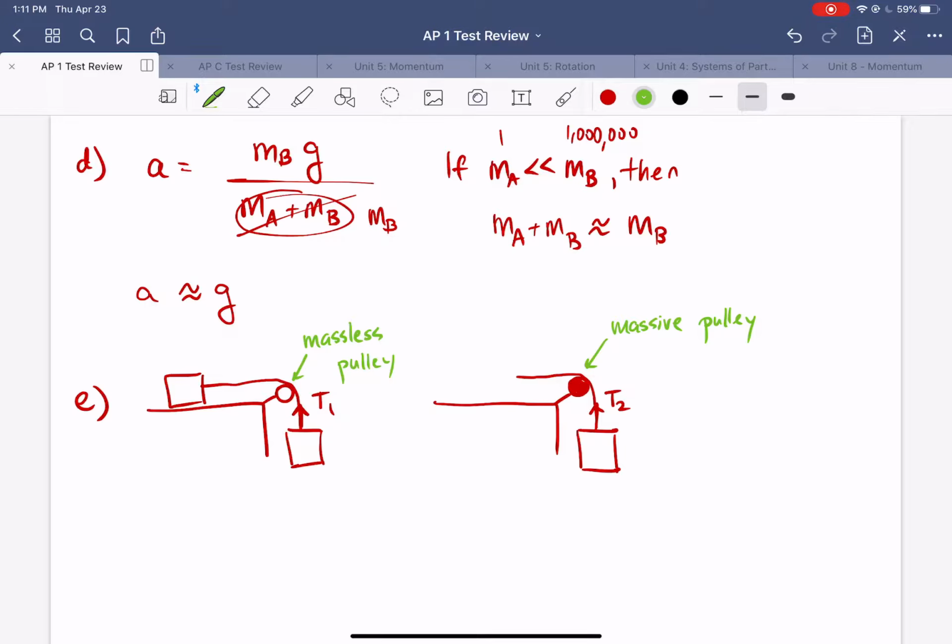So what would happen if we put a really heavy pulley with a lot of inertia here? Well, that pulley is not going to spin very freely. It's going to have its own resistance to this motion. So overall, we're basically adding more inertia to the system, so the acceleration is going to be smaller with the massive pulley.